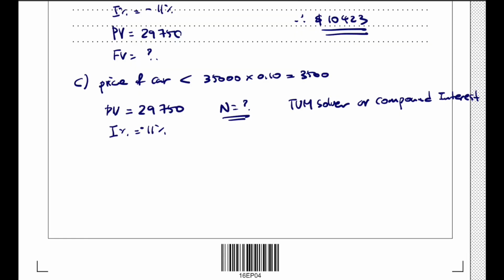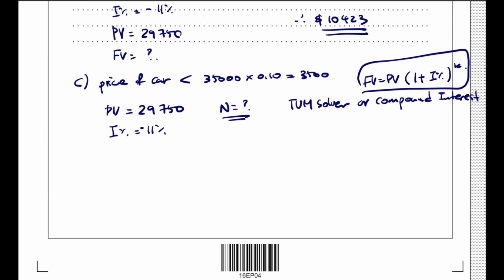The compound interest formula is FV equals present value times 1 plus interest, to the power of k. For this question, I'm going to use the compound interest formula to solve it, because I already showed you how to use the TVM solver.